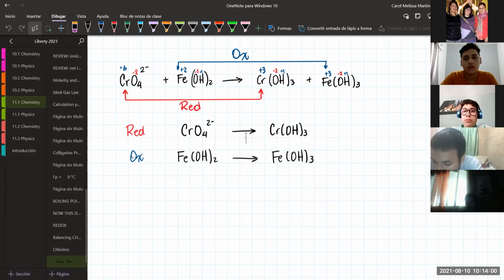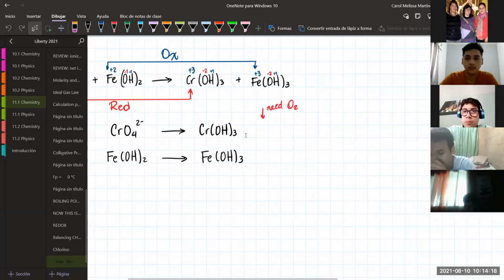In the reactants, here I have 4 oxygens, and here I have 3 oxygens. So the rule says that I need to balance oxygen by adding water where I need it. I need oxygen here. If I need oxygen, I will add water.